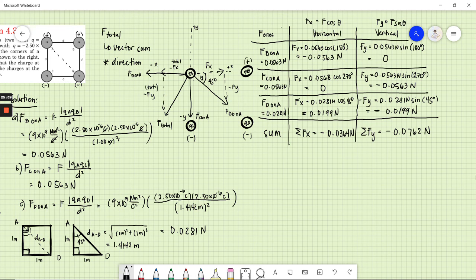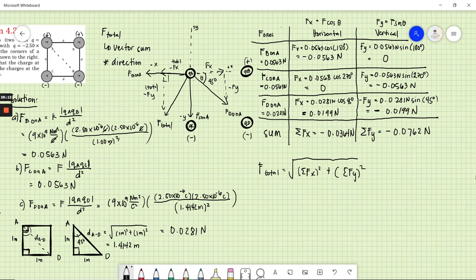So now we just have to find this. How are we going to find this F total? As you can see, if we create the components, the Fx and the Fy, we are creating a right angle. That's why if we find F total, we just have to use the Pythagorean theorem. I hope this is making sense now why we are using the Pythagorean theorem. It's because if you place these components, you are basically going to make a right triangle.